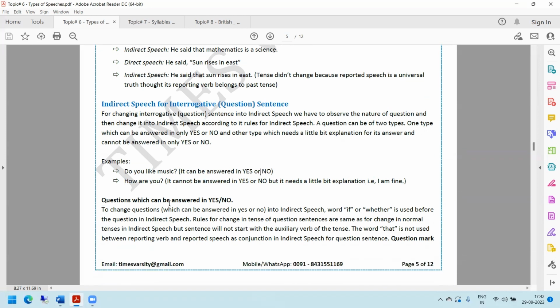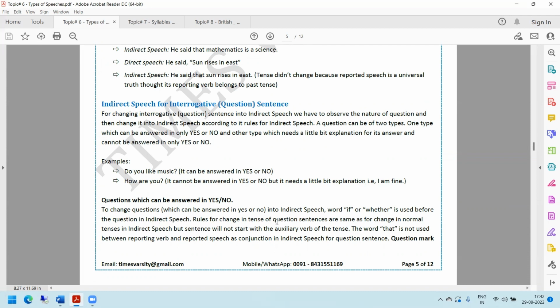Now, questions which can be answered in yes or no, that is a simple question. To change questions which can be answered in yes or no into indirect speech, the word if or whether is used before the question in indirect speech.